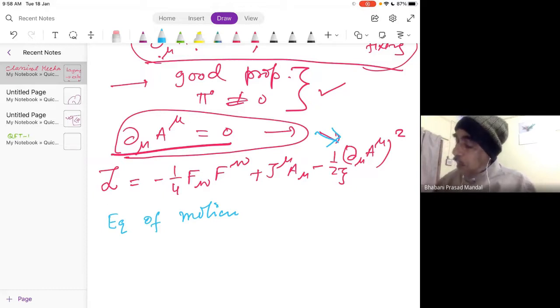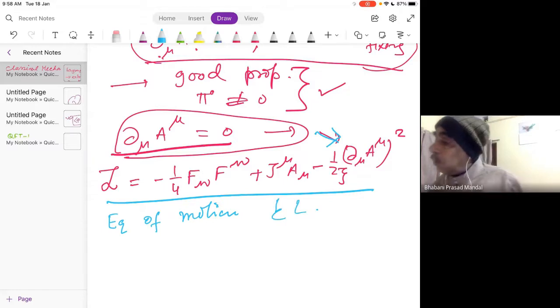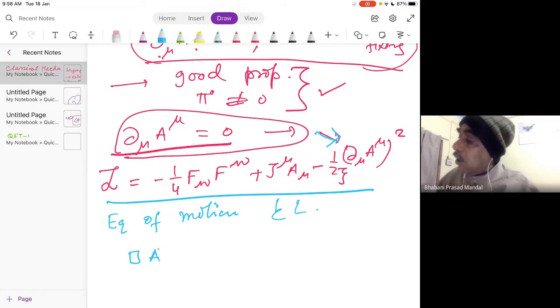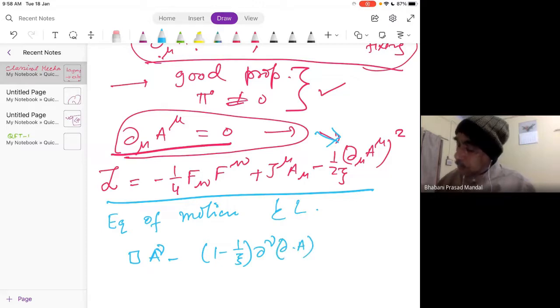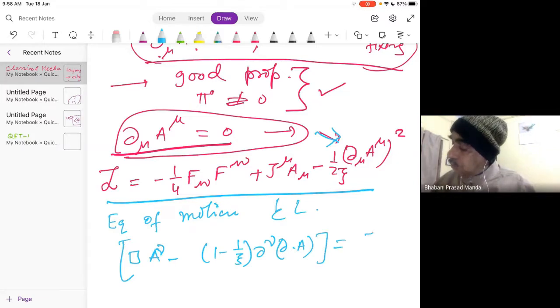Now if you have this Lagrangian, you can find the Euler-Lagrange equation that you are now habituated to do. You will find that box A^ν minus (1 − 1/ξ) ∂^ν (∂·A) equals J^ν.